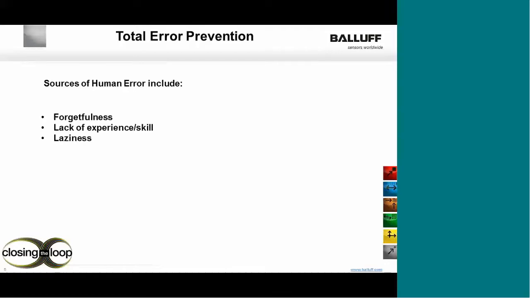Employees that are lazy, not paying attention to the standards of manufacture. If people are in too much of a rush, that source of pressure and anxiety can cause errors to occur. And then there are always those with malicious intent that intentionally cause errors to occur in the manufacturing process.